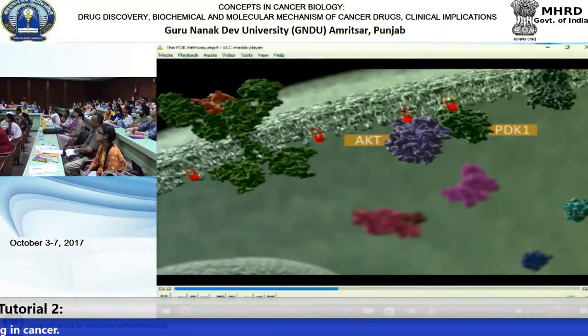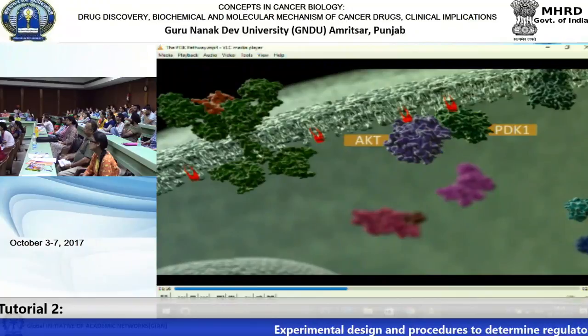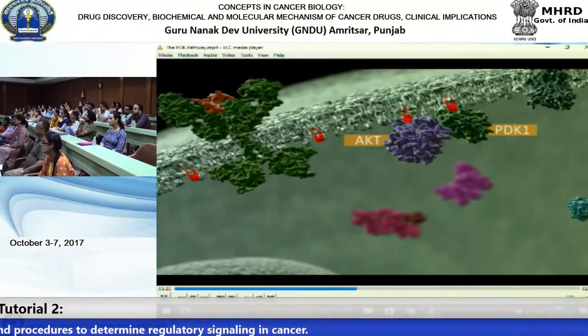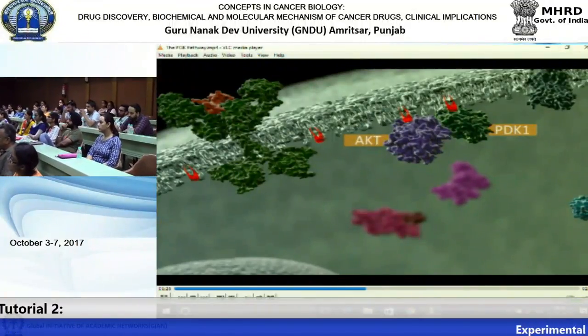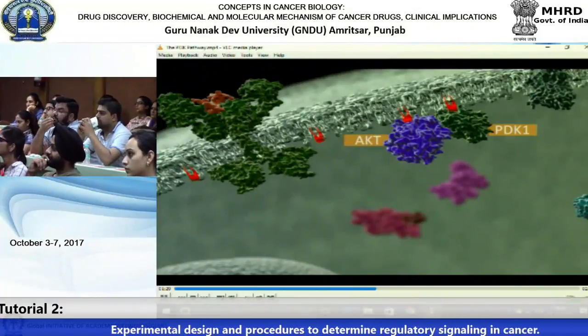AKT and phosphoinositide dependent kinase 1, or PDK1, are kinases with pleckstrin homology domains that bind PIP3. At the membrane, PDK1 phosphorylates AKT at one of the two required sites for AKT activation, threonine 308.